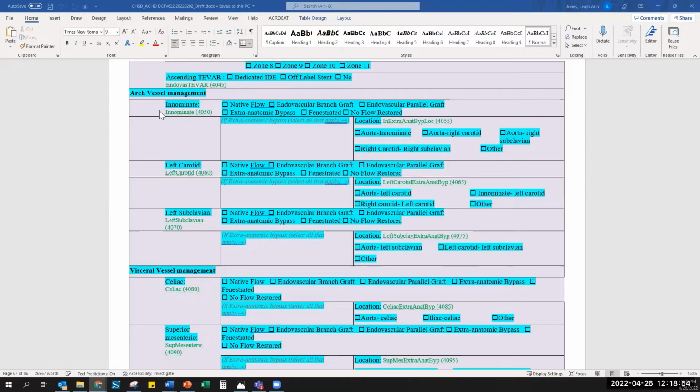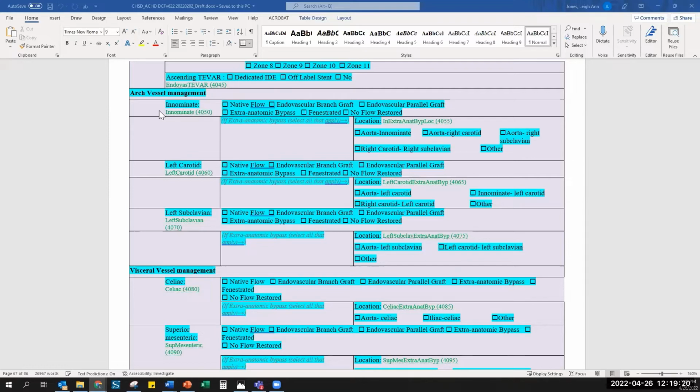So if the artery is instrumented with an endovascular branch graft extending from the main body of the aortic endograft, so you've put your aortic endograft in, and now you're putting a stent graft into the innominate, then you should select endovascular branch graft.